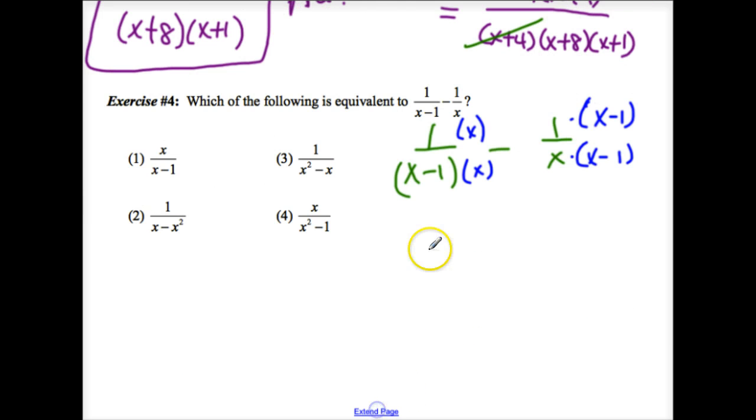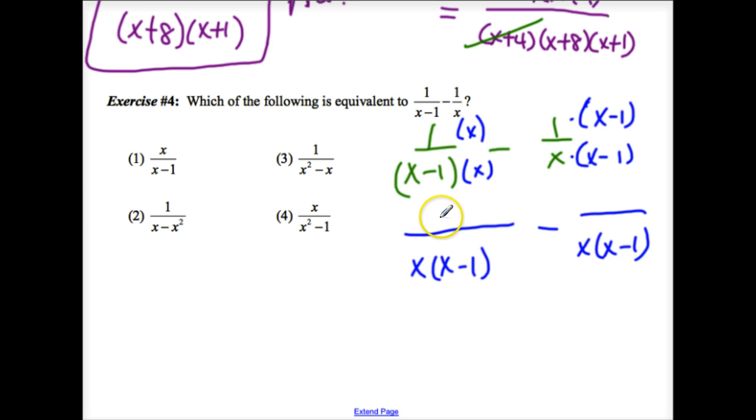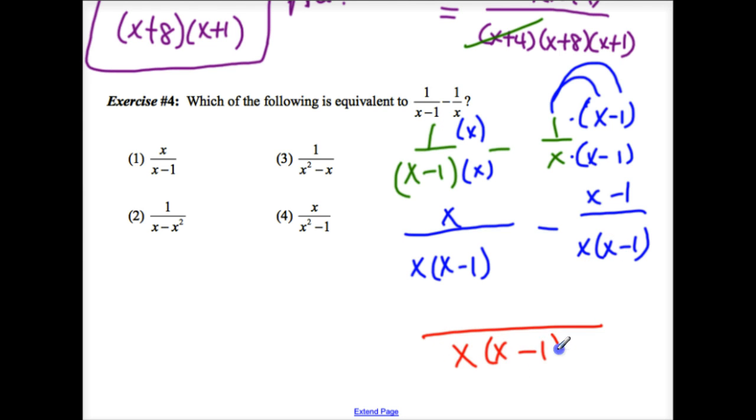And what am I left with? The bottom becomes x minus 1, or you can write it out if you want to. It doesn't really matter. Here becomes x or 1x, and then here I'll distribute the 1, so it becomes x minus 1. Now that I have a common denominator, I can write this as x minus parentheses x minus 1.